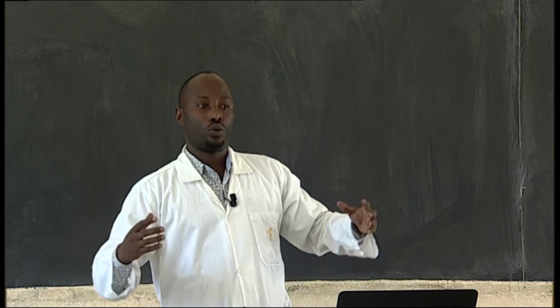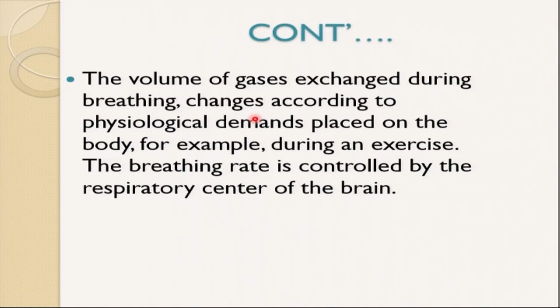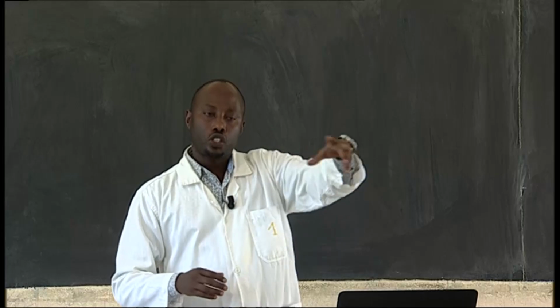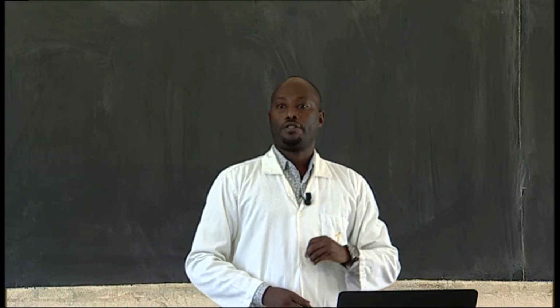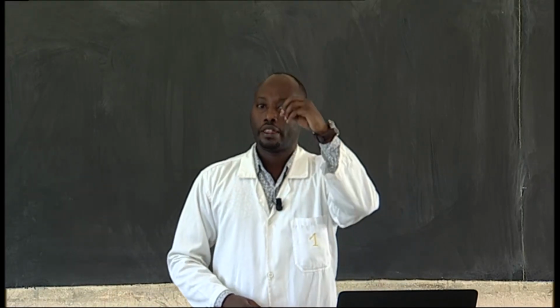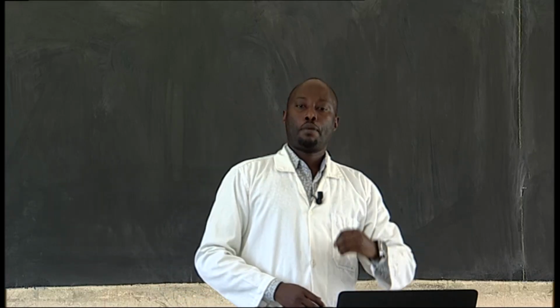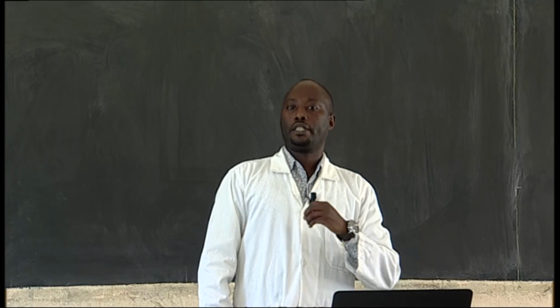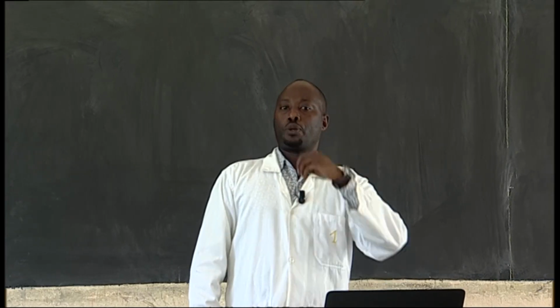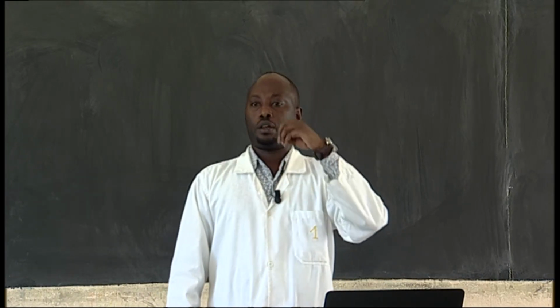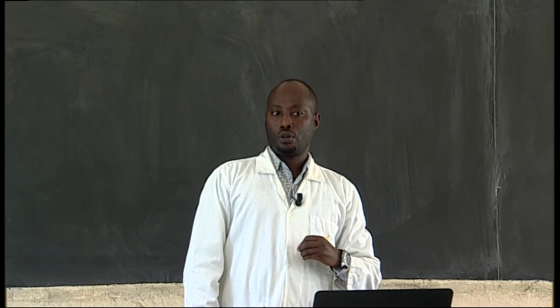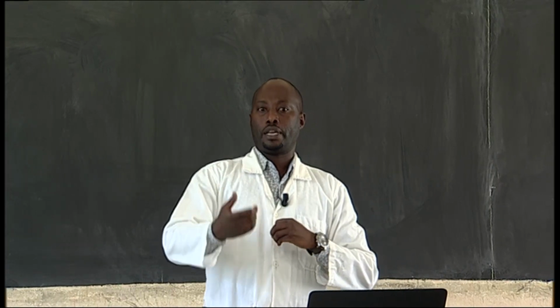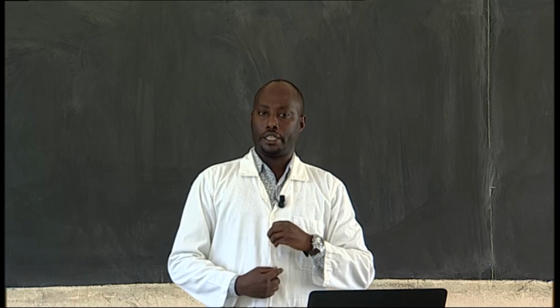The breathing rate is controlled by the respiratory center in the brain. The respiratory center that controls the breathing mechanism in our body is referred to as the hypothalamus. The hypothalamus is a part of the midbrain which is responsible for controlling the breathing mechanism in our body. So it means that the breathing mechanism is also controlled by the brain.